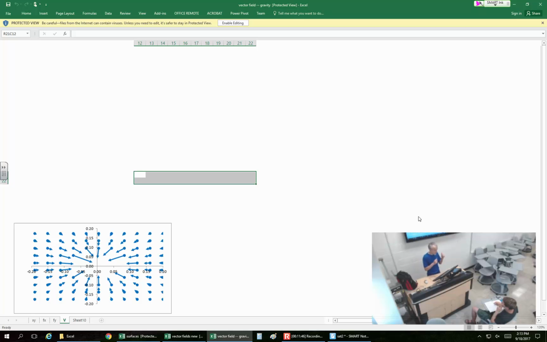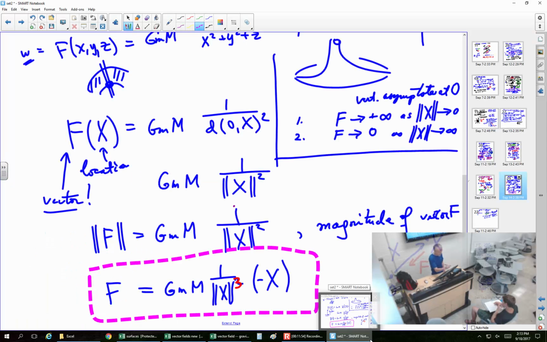Now, notice this is how we visualize vector-valued functions. So if we go back to our equation, and let me add here just to make sure that we are on the right track: X is the point, the input. F is the vector output of it. So it means that to every point X, we can attach this vector F. And that creates a vector field.